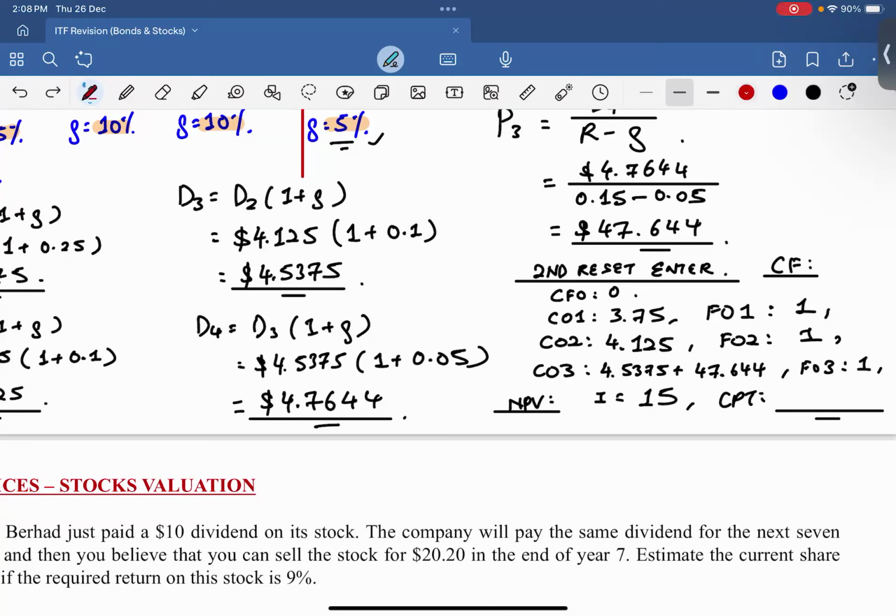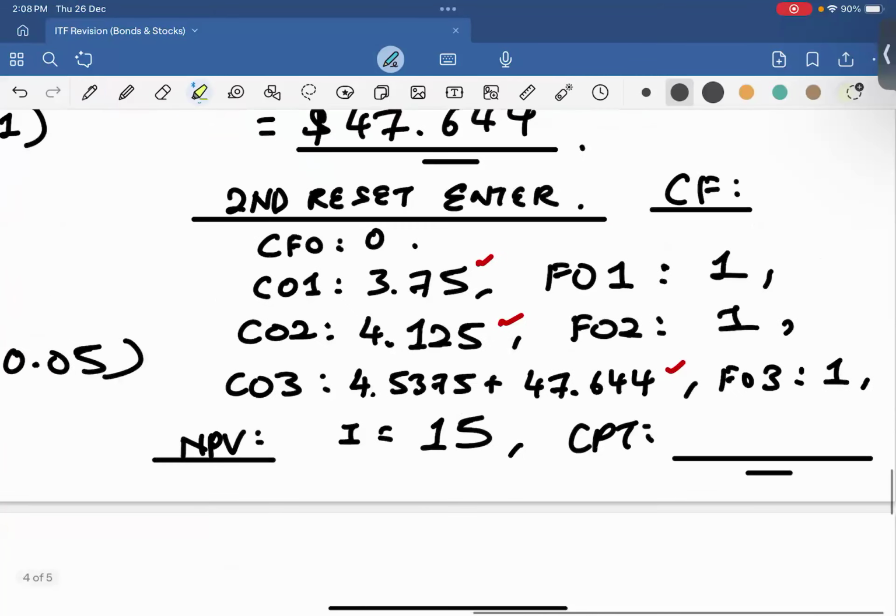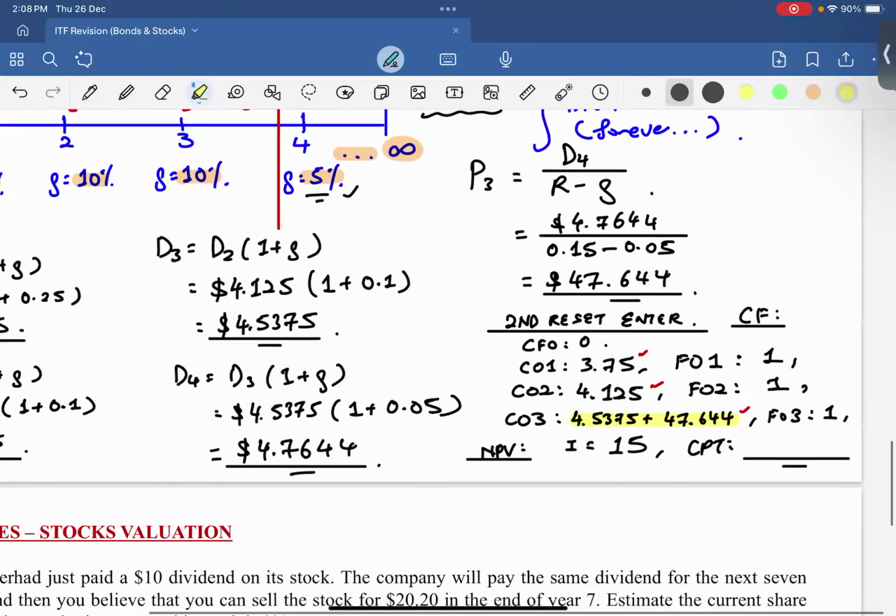Remember, a lot of students forget to press enter and get different value. Remember to press enter after you key all these values into a financial calculator. Because especially this C03, a lot of students after they key in these, they got the answers ready. When they add this up together, they get 52.18. They forgot to press enter. Must press enter. If not, you will miss that out, okay?